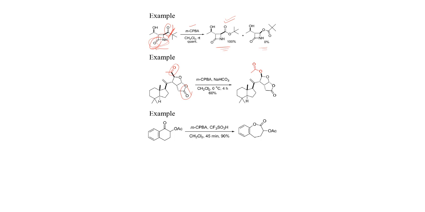So also in this case, when in the same substrate, ketone functionality and ester or lactone functionality are present, then the ketone functionality will be oxidized and the lactone functionality will not be affected. As you can see here in the example, this ester is formed and the lactone is not affected here.